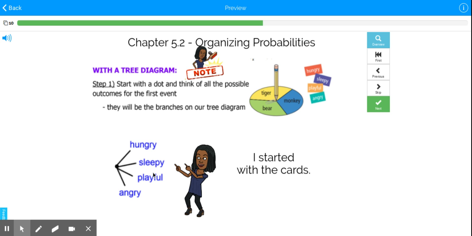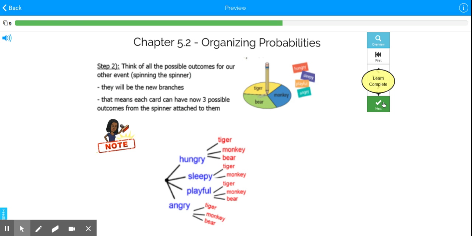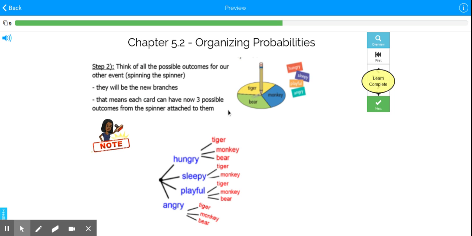So for hungry, you can have a hungry tiger, a hungry monkey, hungry bear. For sleepy, you can have a sleepy tiger, monkey. Oh, and the bear's hidden somewhere. Playful: tiger, monkey, bear, and angry: tiger, monkey, bear. So this is supposed to have a bear. Just sleepy, you can also have a sleepy bear. It just got hidden.